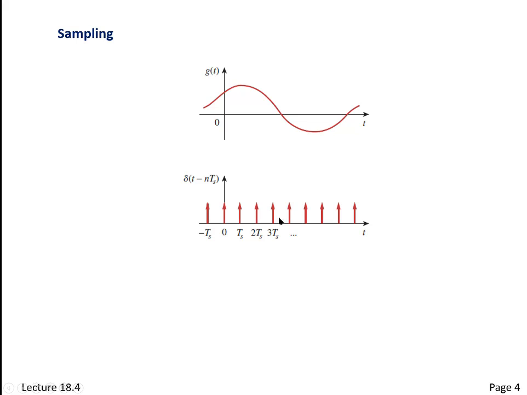So delta functions, spaced equally at some distance from one another of tau sub s. If I put these two together, in other words, I let the modulated signal determine the amplitude of these, I end up with this as a time picture, right?